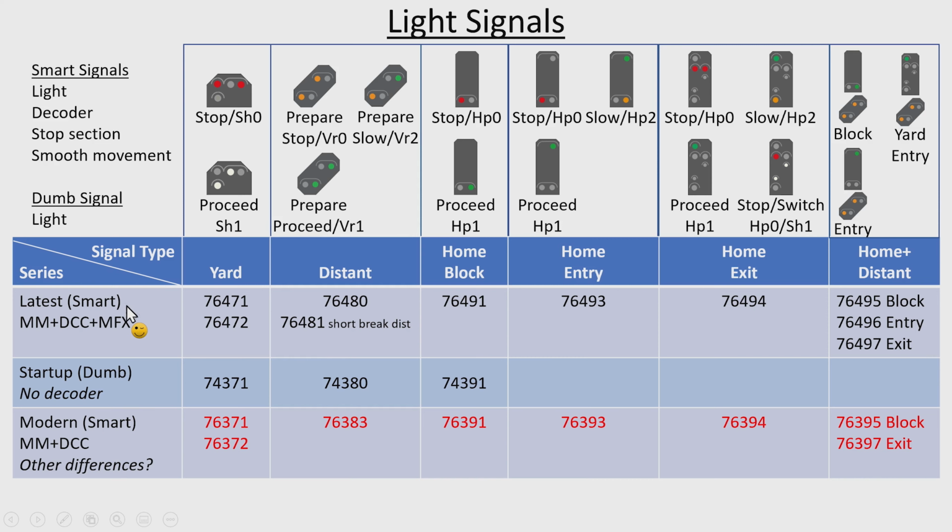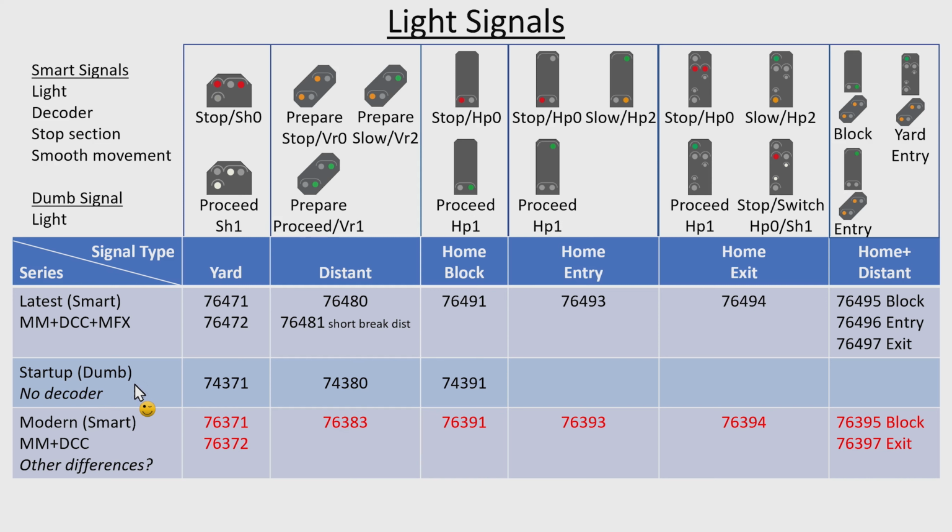Let's just talk a little about the difference between a smart signal and a dumb signal. You see just below there's what Märklin calls the startup series. That's what I would call dumb signals. Dumb signals have no decoders, no smarts, no functionality. In essence, they're just a light, nothing more.